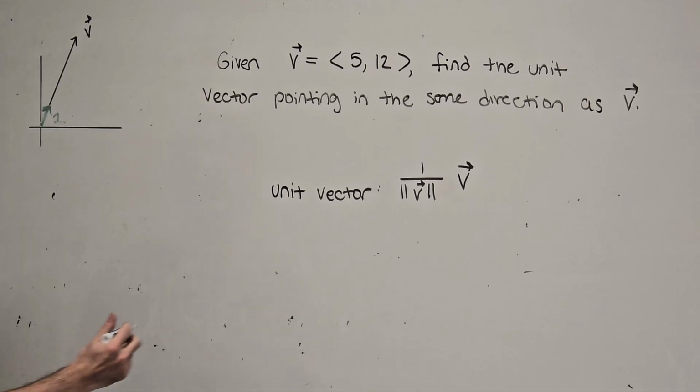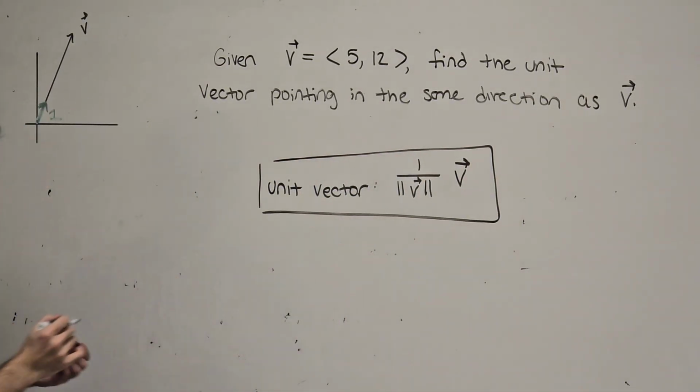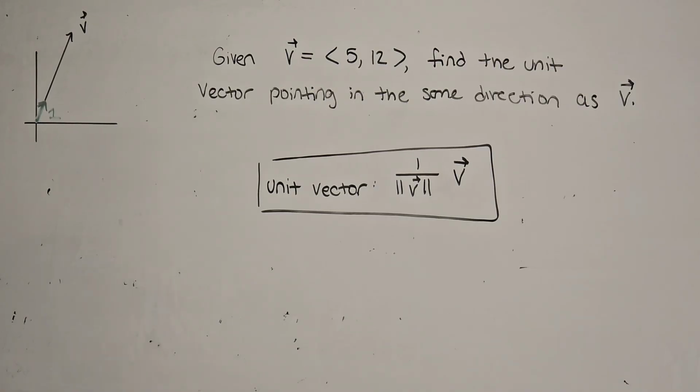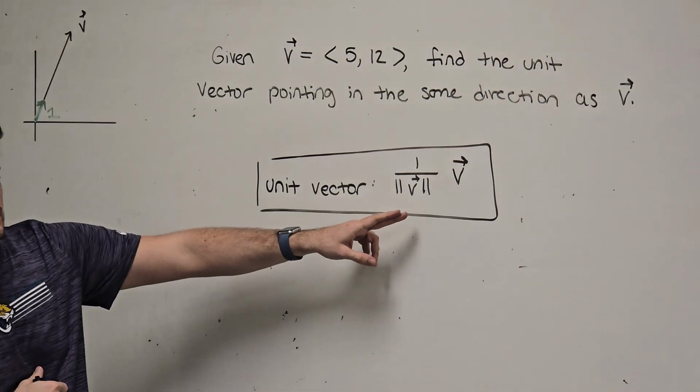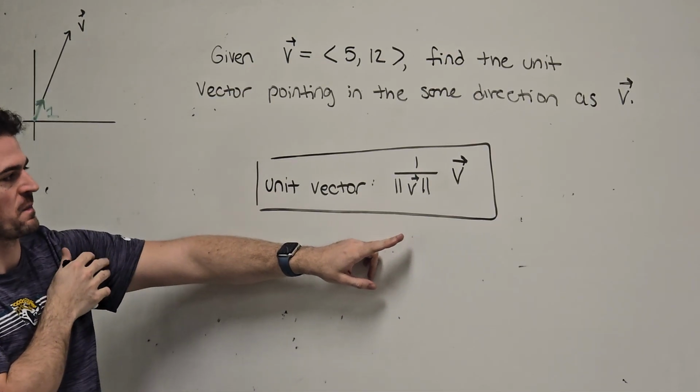Magnitude 25, 144. Now, in our definition, it doesn't show, but basically we're going to have to distribute to each of the components.